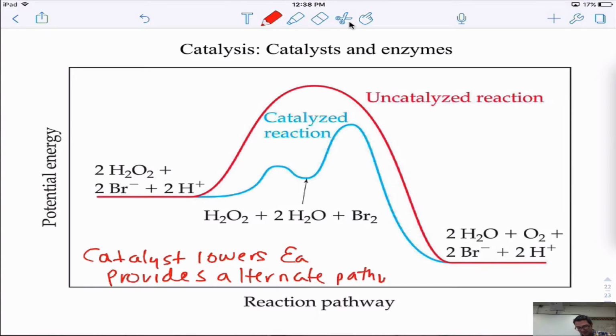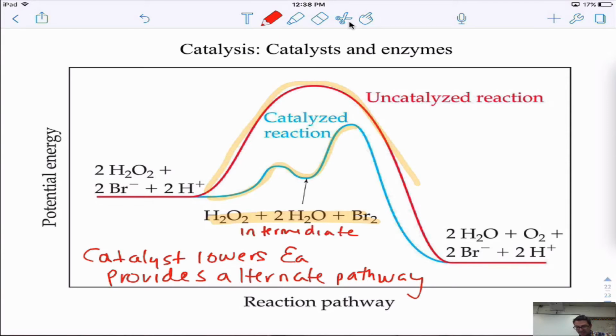And now we know what a mechanism is because we spent some time doing that, and the mechanism changes. So instead of just having this one overall reaction that they show in red here, uncatalyzed, now they have a catalyzed one that actually takes place in 2 steps. And what's cool about it is they have an arrow pointing here, and they show this part here, and this is called the intermediate. So here's where my intermediate is.